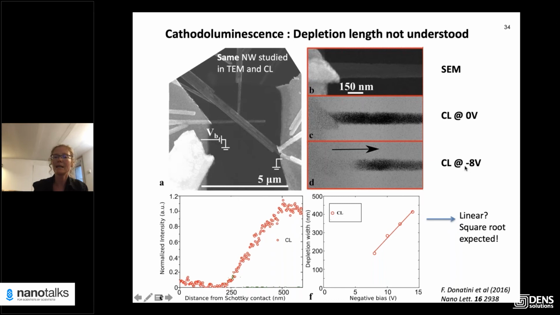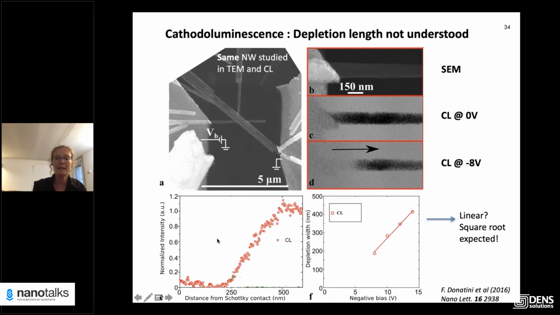Then if we apply negative bias to this contact, we are progressing the depletion width inside the wire. And then if you hit the wire with your electron beam, you still create an electron hole pair, but now there's a field because you have a depletion region. So your electron hole pairs are separated and they can't recombine radiatively. So here the light contrast means no light.